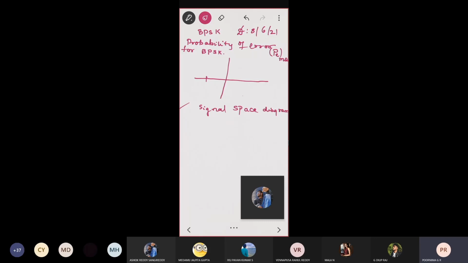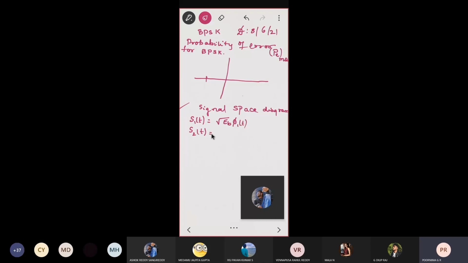Whenever you go for your signal in BPSK, how many signals do you have? Two signals. One is S1 of t and the other one is S2 of t. Because we are considering the bipolar coding technique, S1 of t is represented as root EB into phi 1 of t.